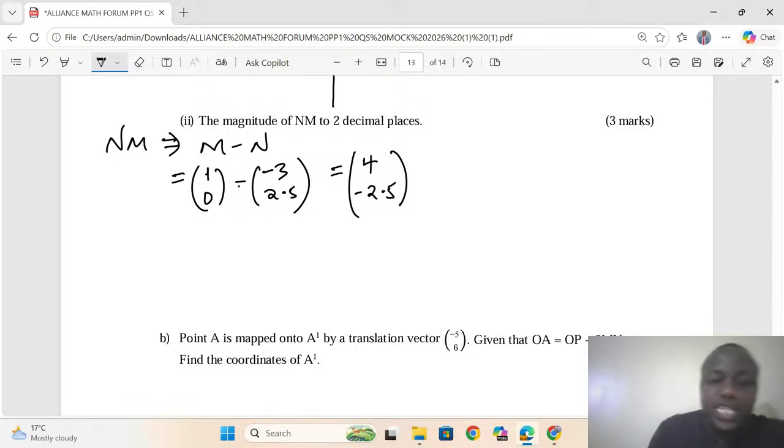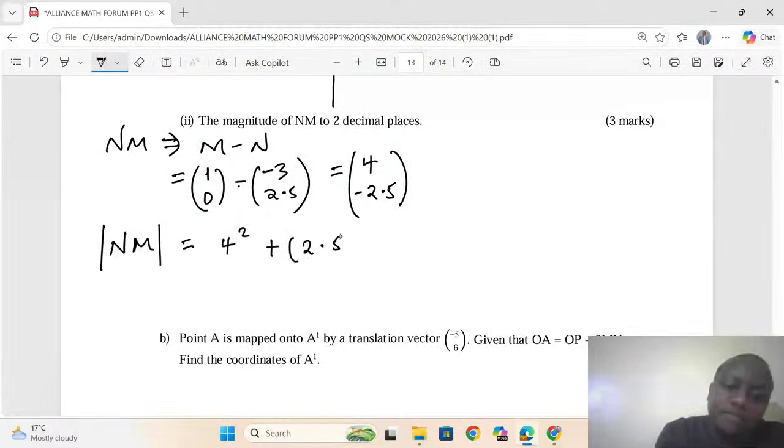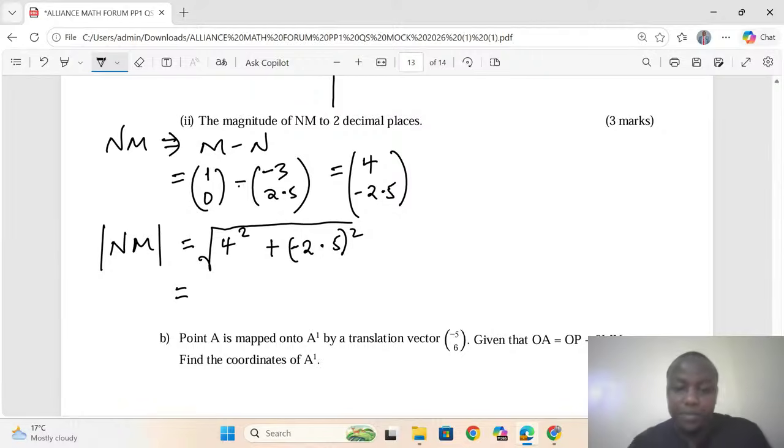So we need the magnitude now of NM. 4 squared plus negative 2.5 squared, then we take the square root of everything. We've been told to give it to 2dp. So 16 plus 2.5 squared, and we take the square root.